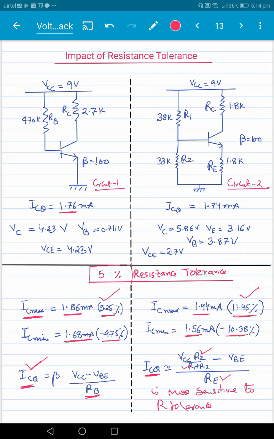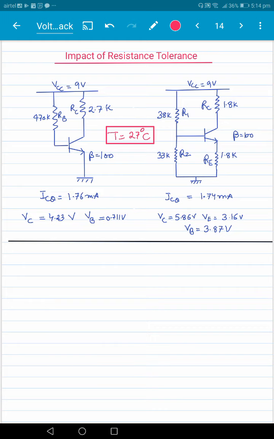And let us look at one more thing. The amplifiers are supposed to work over a certain temperature range. So, nominally we calculate the bias currents and the gain and everything at room temperature, which we take as 27 degrees Celsius. But let us look at the base emitter voltage VBE.